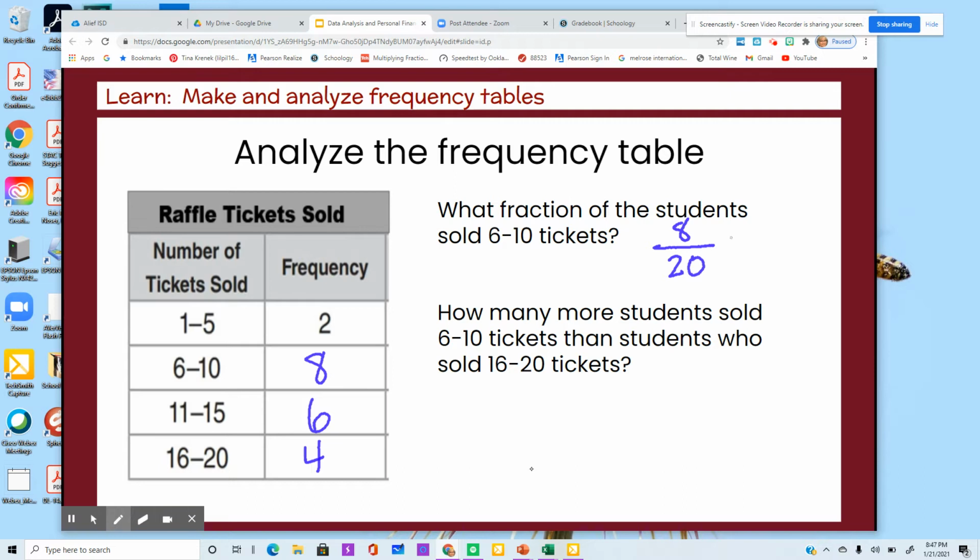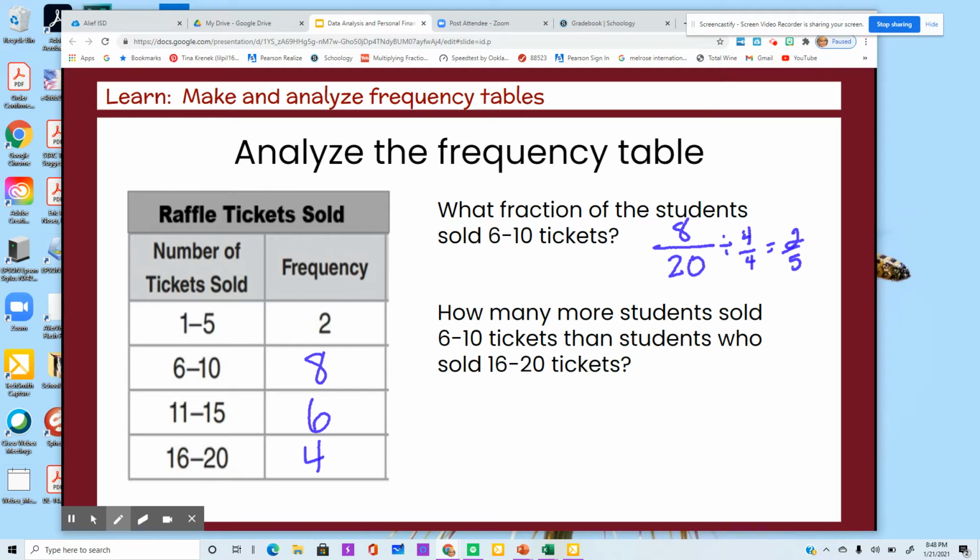And if I simplified that, I could divide by 4, and that's going to give me 2 tenths. I'm sorry, 2/5. 20 divided by 4 is 5. So that simplifies to 2/5.